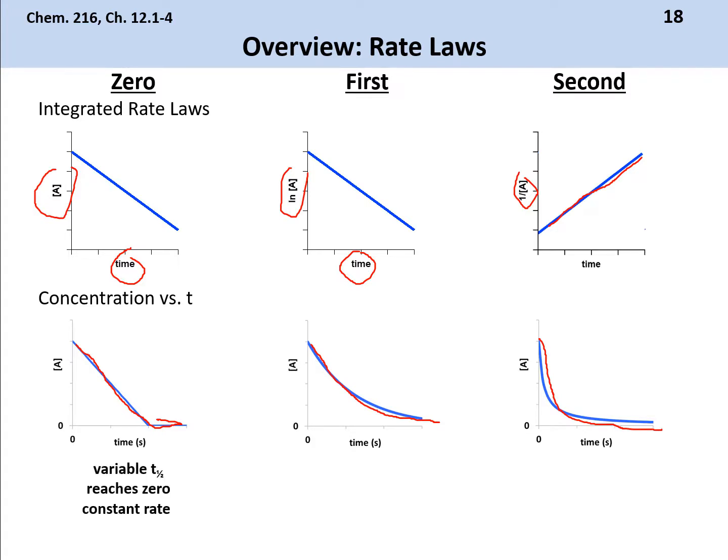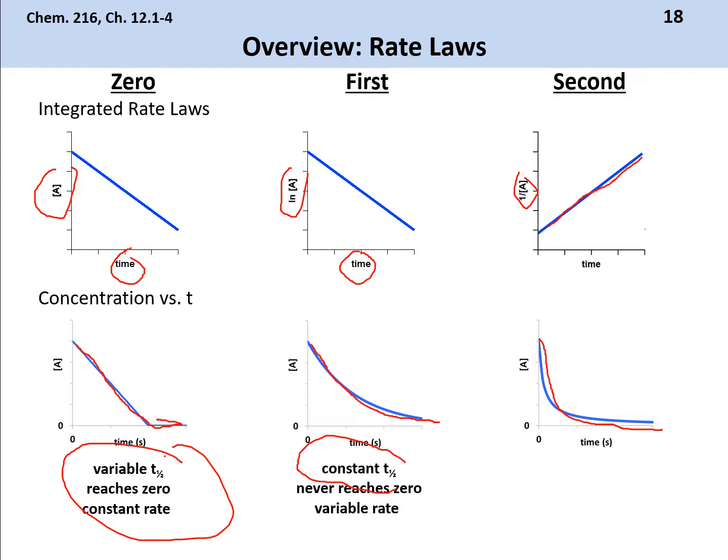So zero order has a variable half-life, does reach 0, and has a constant rate. First order has a constant half-life, never reaches 0, and its rate is variable. Second order has a variable half-life, never reaches 0, and has a variable rate.